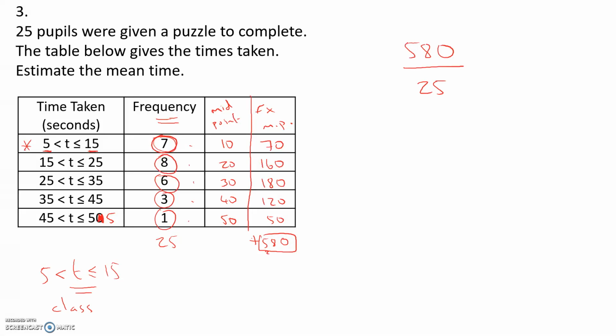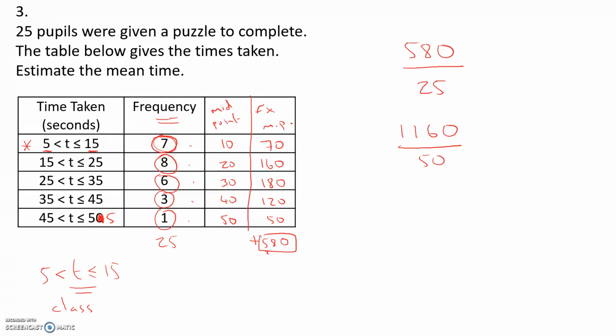Right, that's going to tell us our mean, 580 divided by 25. Now we could use the bus stop method here, or we could try and be a bit clever. If I could get that denominator to 100, that'd make my calculation a lot easier. So let's try and do that in a couple of steps. If I double the numerator and the denominator, I think I'm going to get 1,160 on the top, and I'm going to get 50 on the bottom.